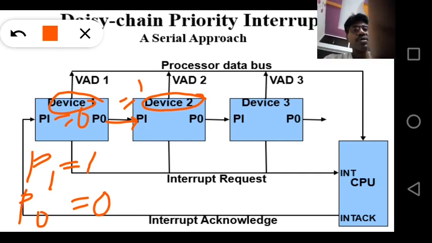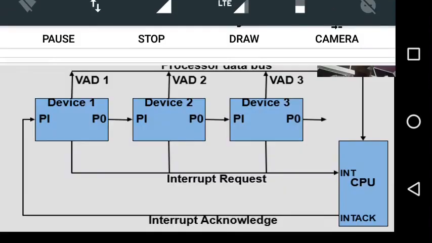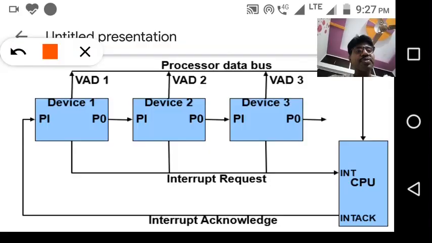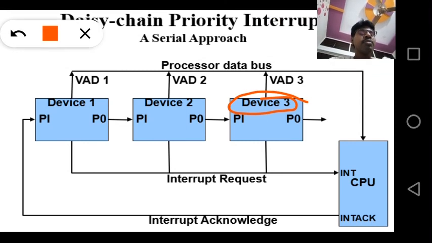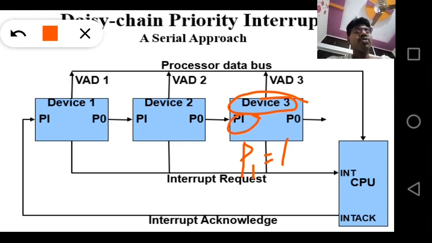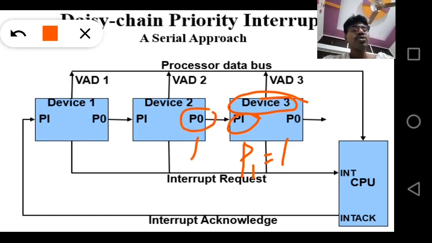So what happens if device 3 wants to generate an interrupt? Then P1 has to be 1. This P1 can only be 1 when this P0 is equal to 1.